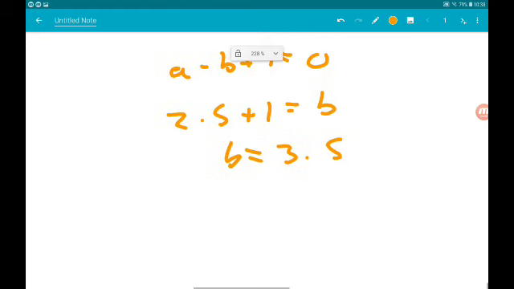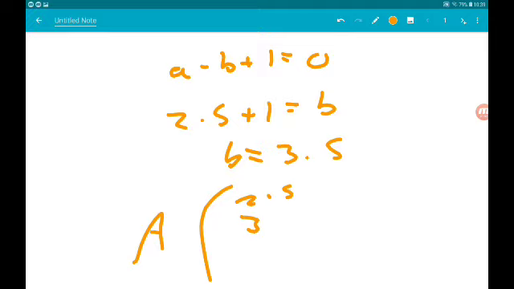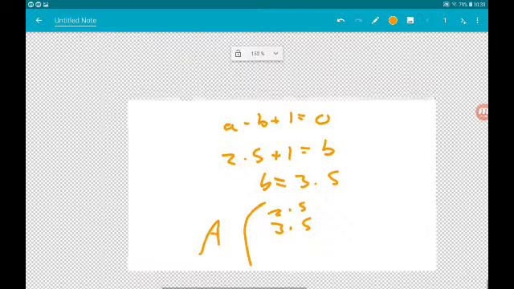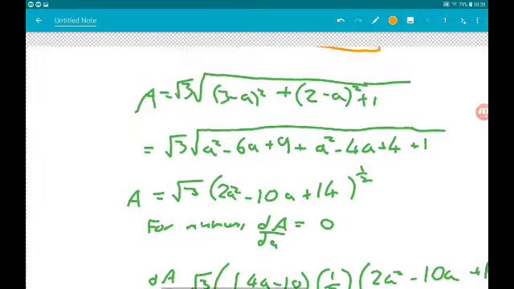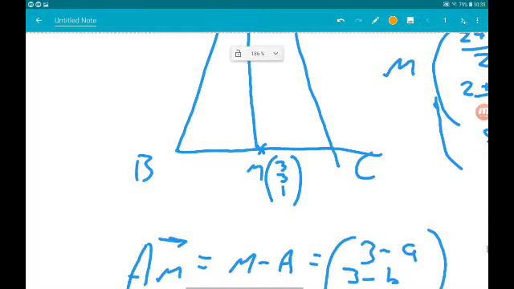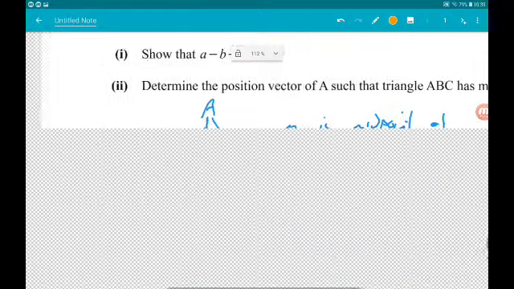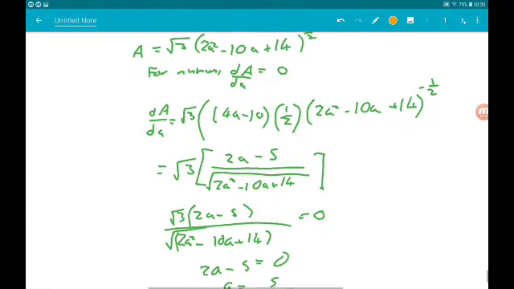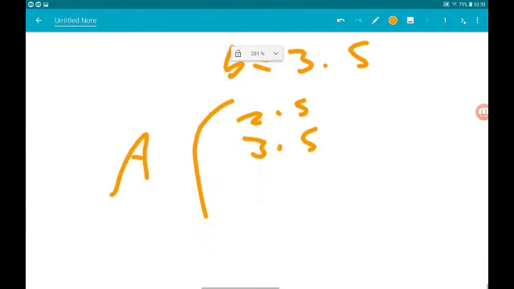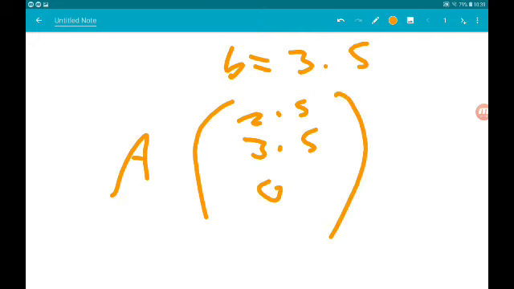So A has position vector 2.5, 3.5 and 0. Thought it was. Best to check. So, there is the question done. Boom.